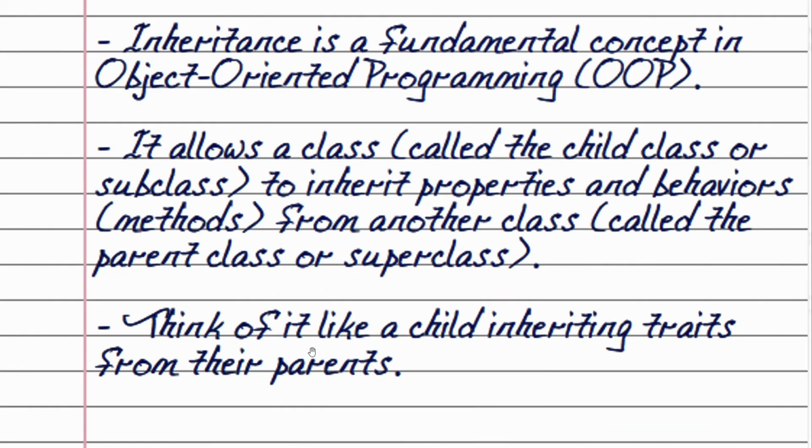So think of it like a child inheriting traits from their parents. Parents are very intelligent, and the child is intelligent as well. So the property of intelligence is inherited by the child from the parent.